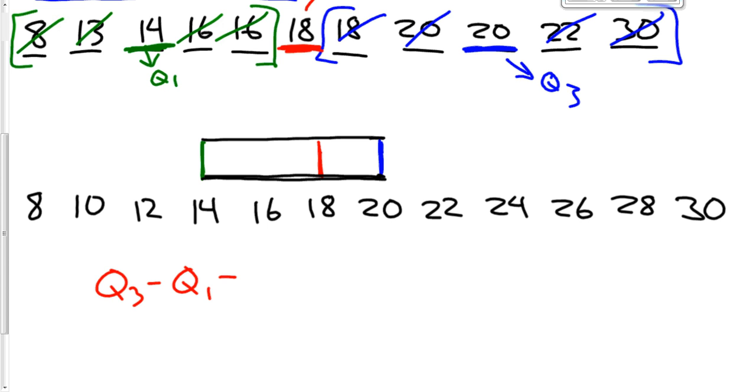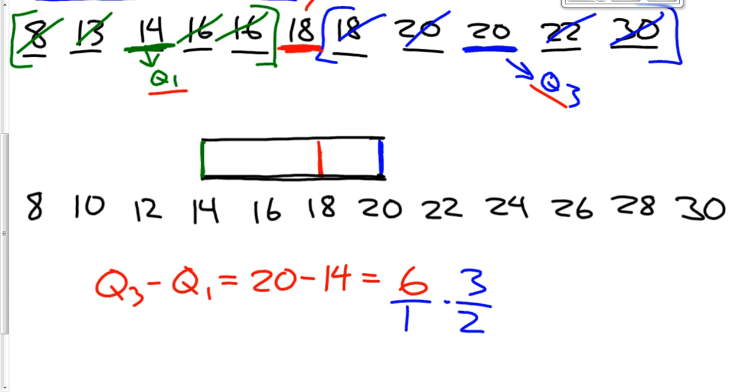Our Q3 is 20, Q1 is 14. So we get 6. All right, and we're going to take that times 1.5. So I'm just going to do this. 1.5 is the same as 3 over 2. So we get 9 over 1, or just 9. Okay, so 1.5 times the interquartile range is 9.